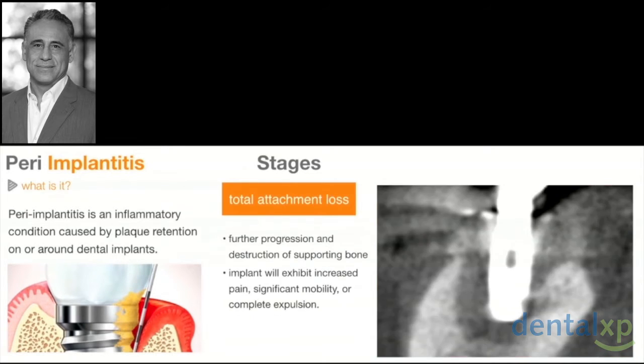And of course, when it progresses to its end stage, there's further progression and destruction of the supporting bone with total loss of attachment, and the implant will essentially become mobile with pain on the site, and not too often, the implant may actually become completely exfoliated.